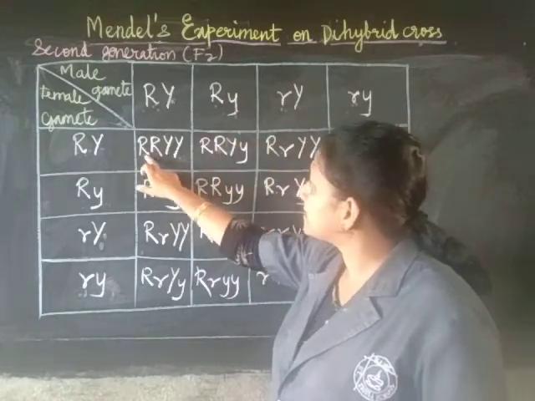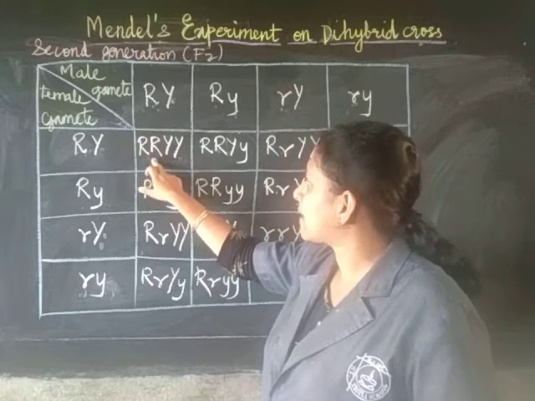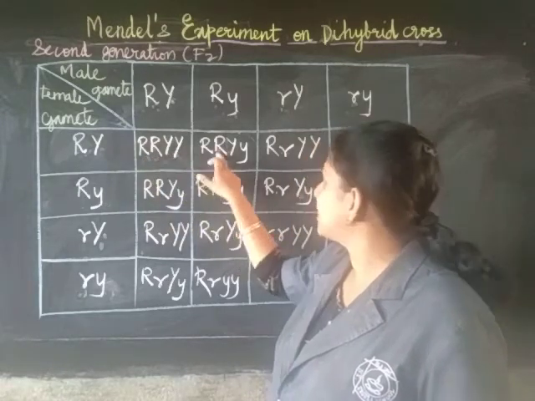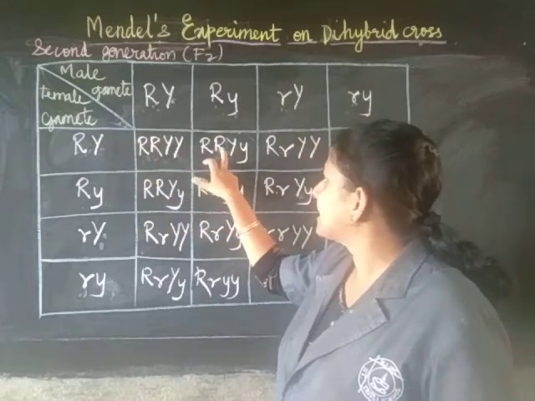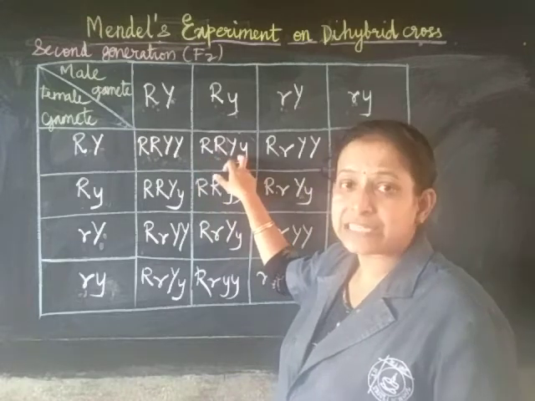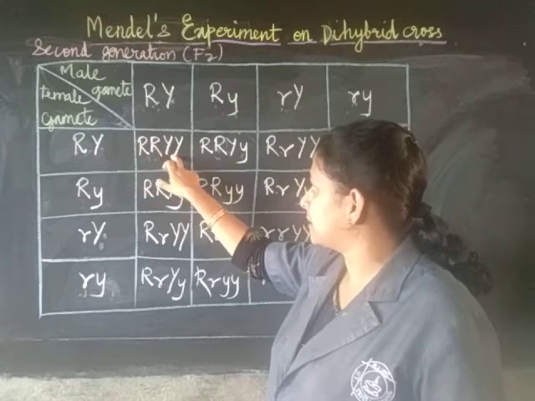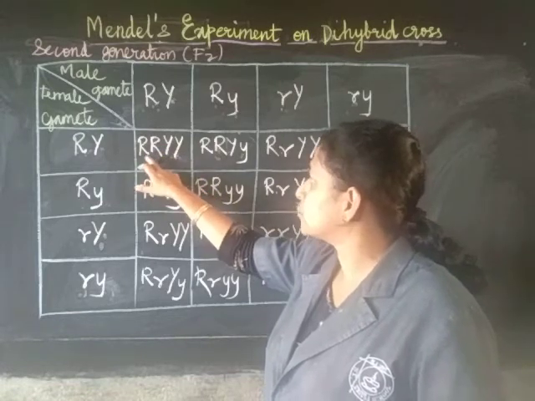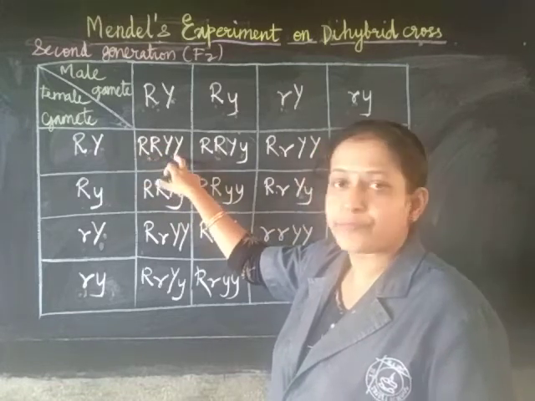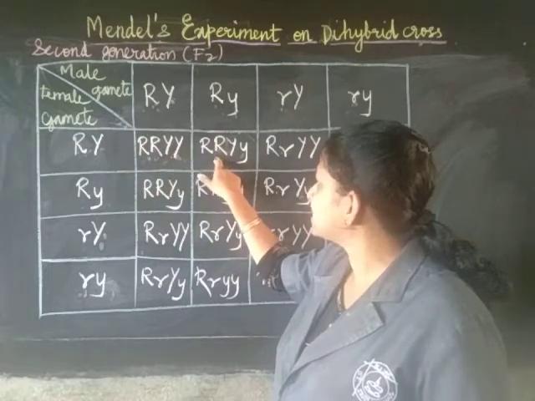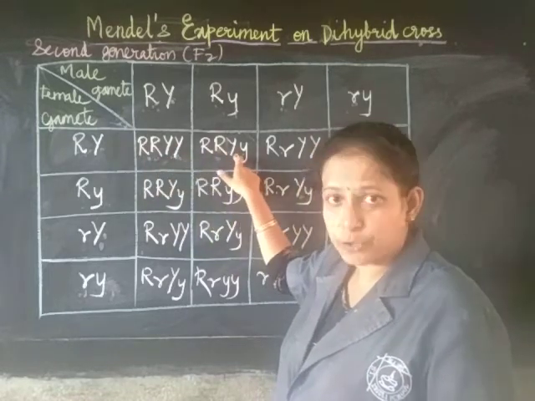Like here, this is homogeneous round and homogeneous wrinkled. Whereas here, this is homogeneous round but heterogeneous yellow. Sorry, this was wrinkled I said. This is yellow. This is homogeneous round and homogeneous yellow. This is homogeneous round but heterogeneous yellow.